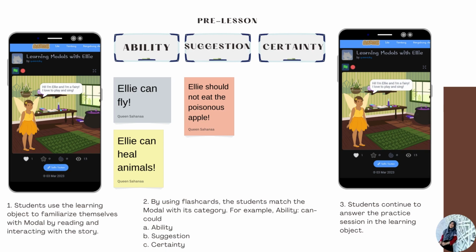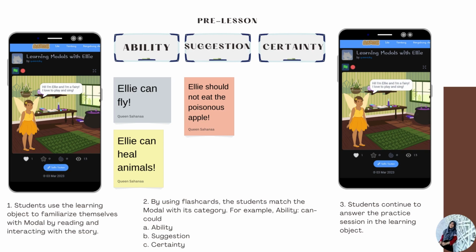Then the teacher asks the students to recall what Ellie said in the video that corresponds with each category. So what did Ellie say in terms of ability? For example, in category number one, ability, what was Ellie capable of? Some of the students might come up with answers like Ellie can fly because she's a fairy, or Ellie can heal because she has magic, something like that.